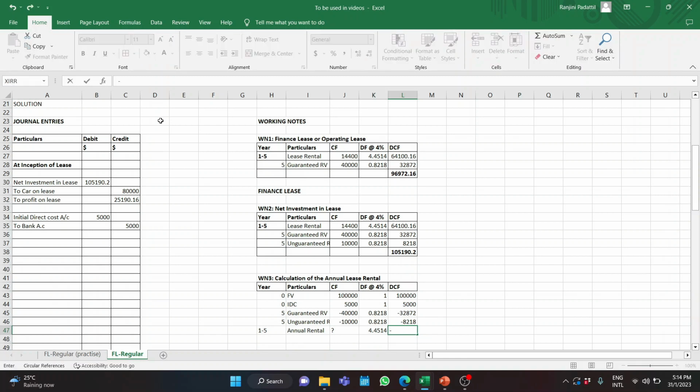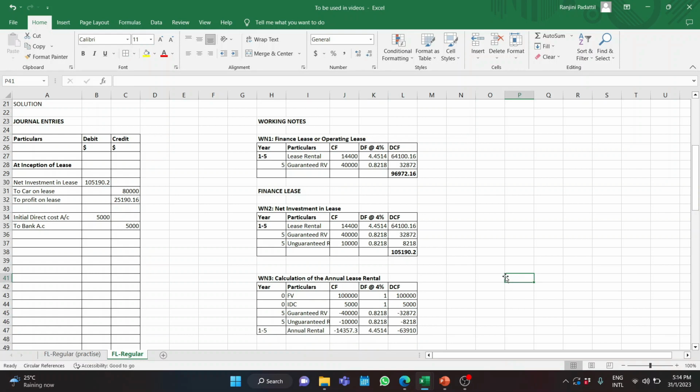So this value is the sum of this whole. So this is what I need to get, 63,910. And therefore, this value is 63,910 divided by 4.4514, which is 14,357, rounded off to 14,400.